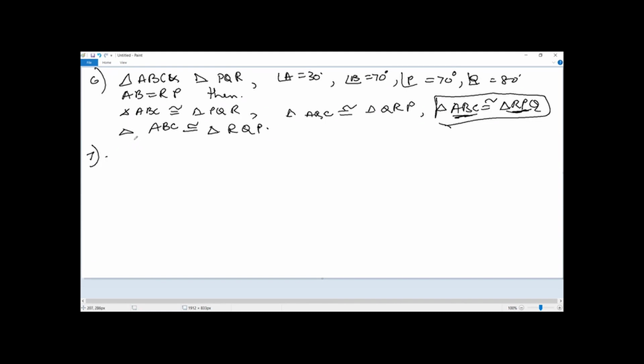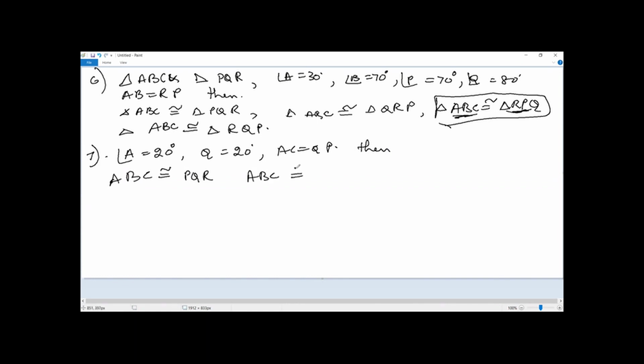In triangles ABC and PRQ, angle A is 20. Angle Q is 20. AC equals QP. Then which of the options is correct? ABC congruent to PQR.